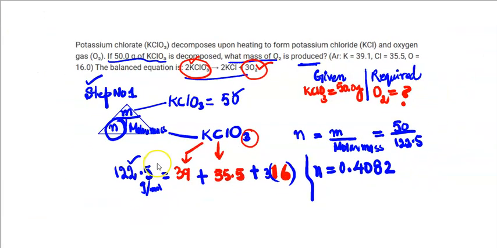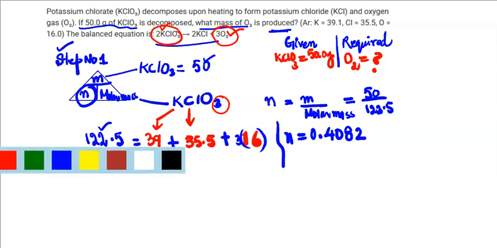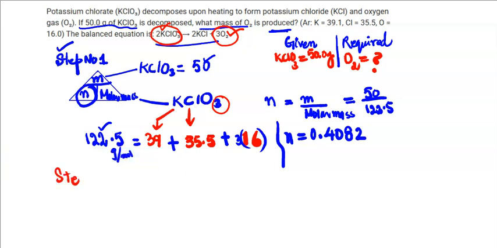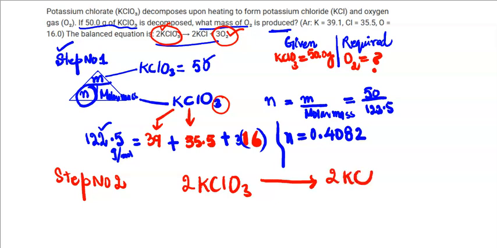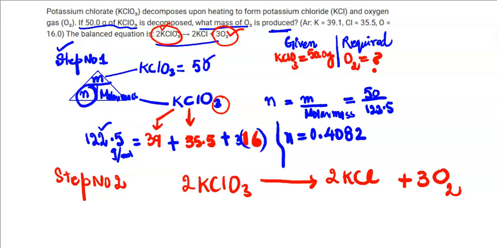Okay. Now the second step, step number 2. You will use the equation. Your equation is 2KClO3 turns into 2KCl plus 3 oxygen. And what is your question? You just need to consider that.